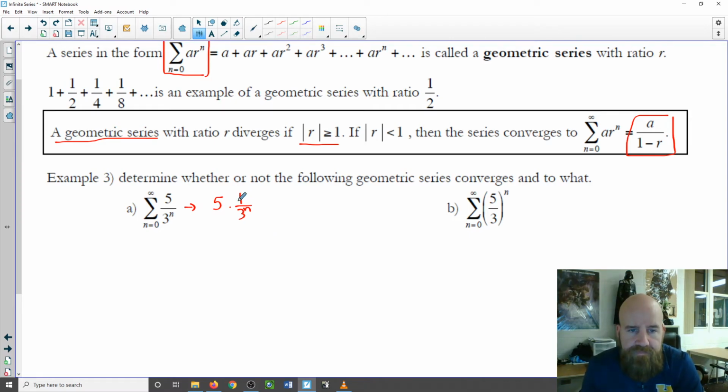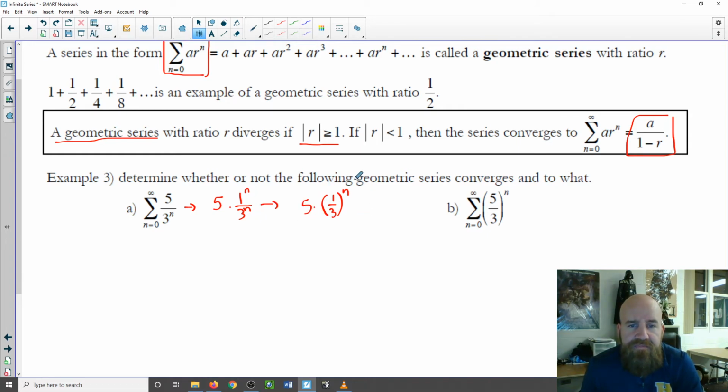And really, this 1, we could say that's to the n too, because if we raise 1 to a power, it doesn't really matter. It's still 1. So now we can go ahead and rewrite this as 5 times 1/3 to the n. We can use our power rules.